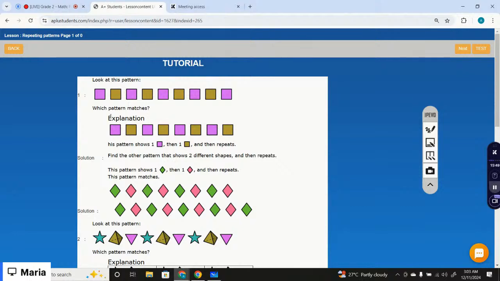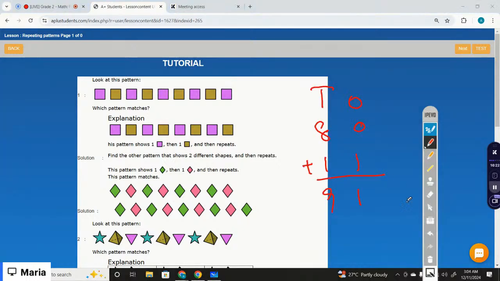Look at this pattern. Which pattern matches? So you are given a pattern. You have to see which pattern matches with the one.